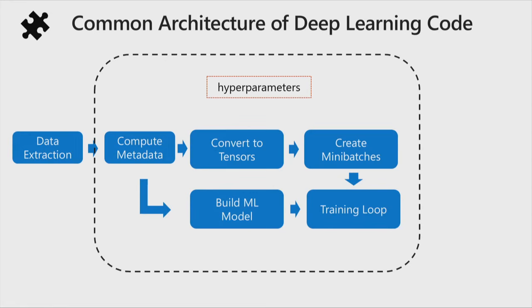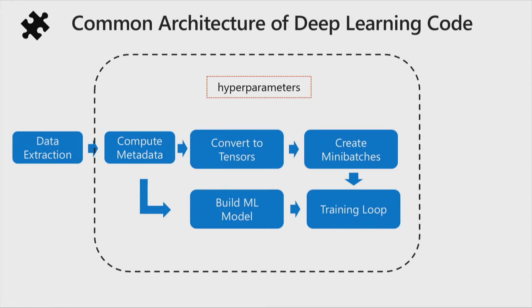So, how many words appear in your text? How many different types of edges you have in your problem, things like that. Now, given your metadata, you can convert your data into tensors, into things that look like matrices, and encode the problem. Part of the metadata, for example, could be that the word "is" is number 53, and the word "are" is number 54. So now you can create the one-hot vectors for a specific word, for example.